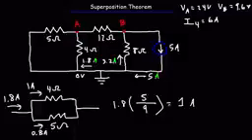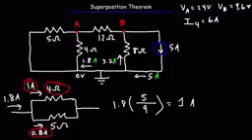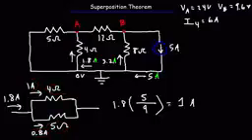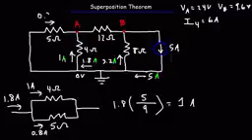And it makes sense. There's going to be more current flowing through the resistor that has a lower value, and less current flowing through the one that has more resistance. So then we have 1 amp of current flowing towards point A, and the other 0.8 amps is going through the 5 ohm resistor towards point A. So at this point, we can now calculate potentials.